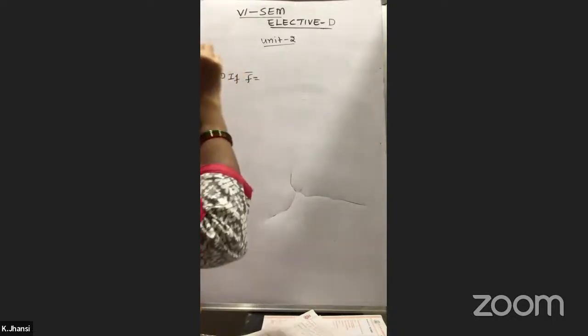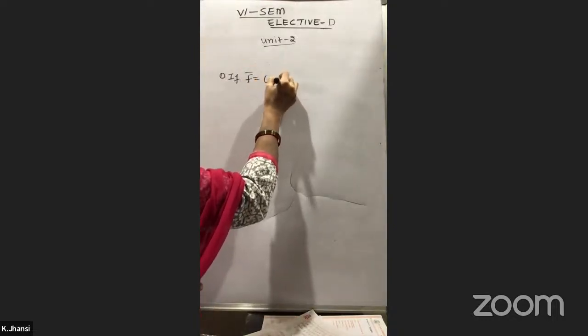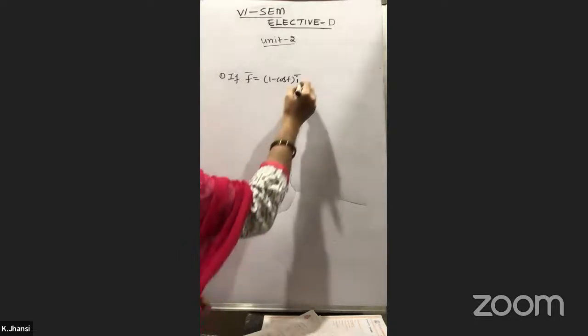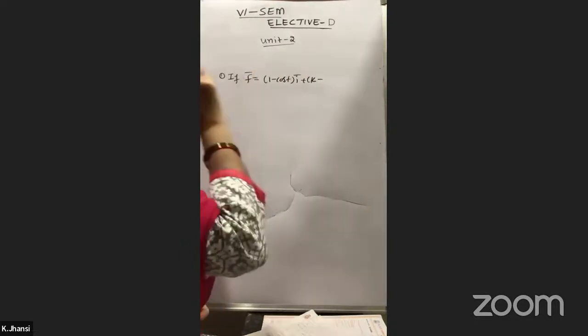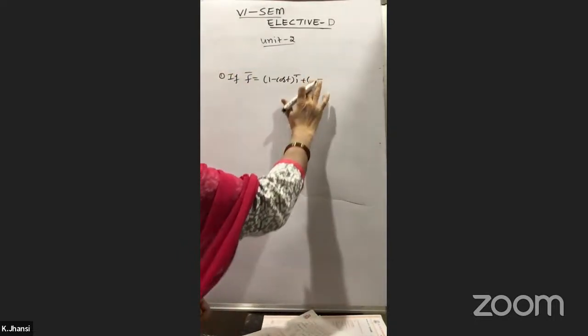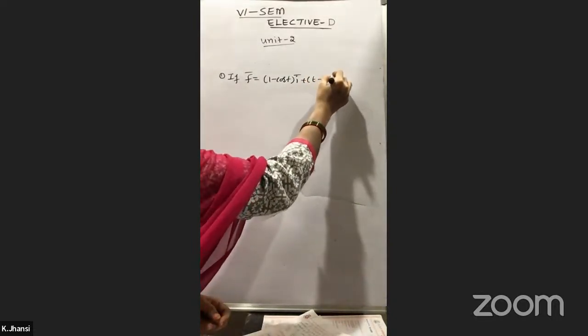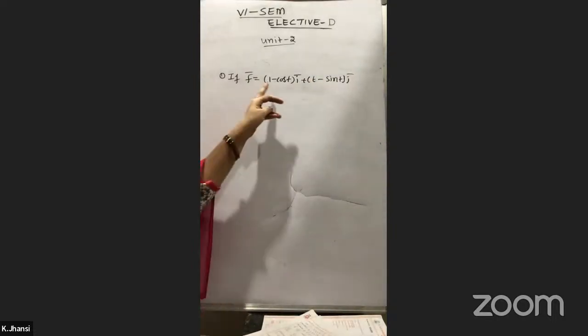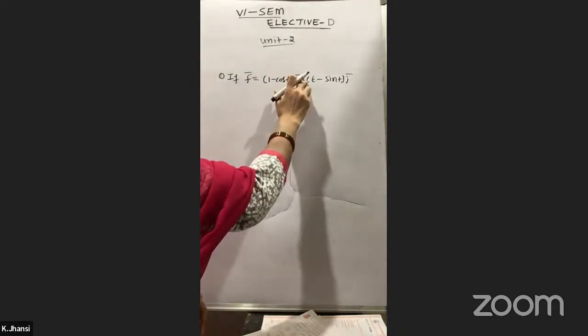Okay, if f is equals to 1 minus cos t into i plus t minus sin t into j. Okay, so this is the function: 1 minus cos t into i plus t minus sin t into j.